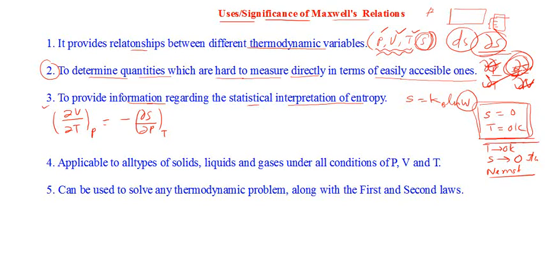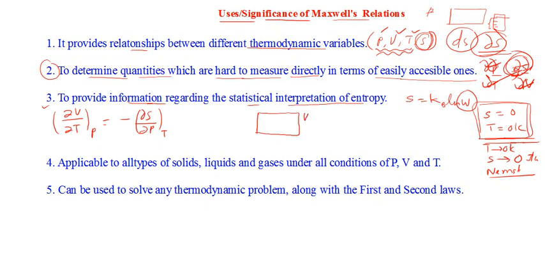Now let's try to understand the meaning of these equations. What is the meaning of dou V by dou T? Try to visualize it. Suppose you are talking about a substance whose volume is V at some instant.